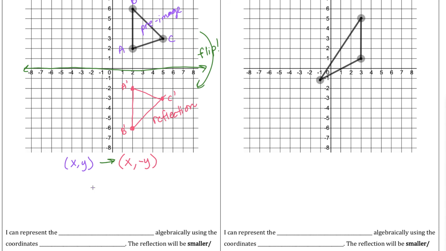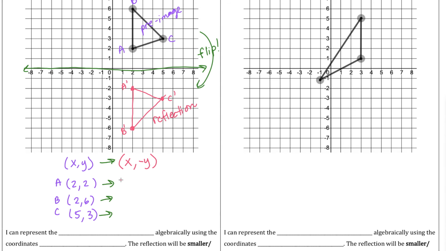So I'm going to label these points A, B, C. A was 2, 2. B was 2, 6. And C was 5, 3. Now I'm going to flip these over the x-axis. So the x's stay the same.